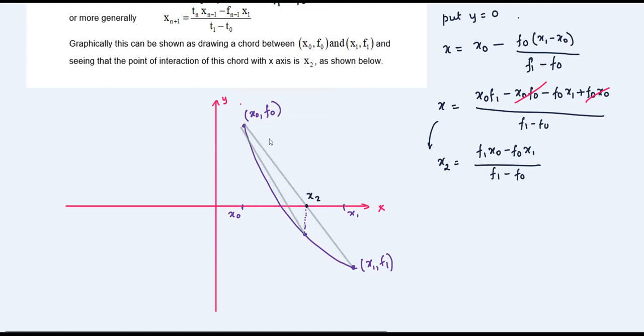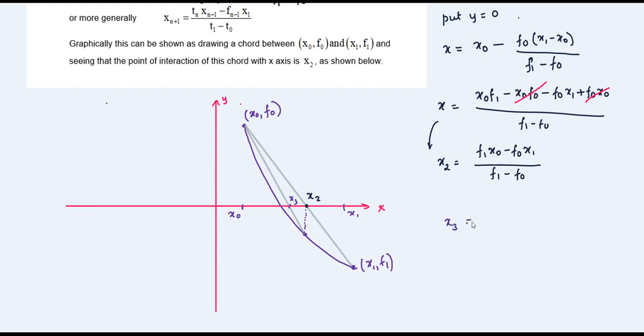So now the next iterative step will be here, x3.